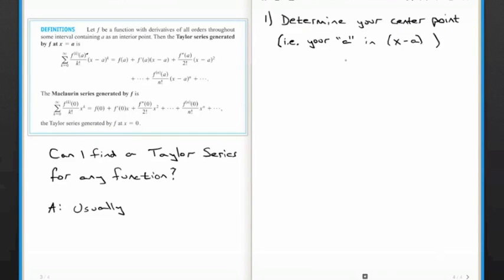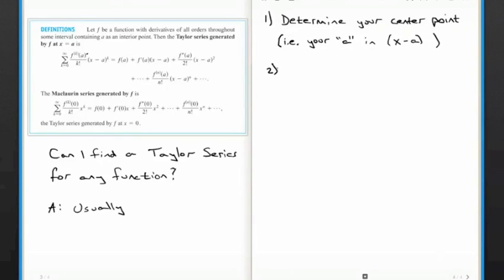Right. So let's say I know that the cosine of pi is -1, and so I want to... If I know that, I know all the derivatives at -1. I want to find some things nearby, a little bit less than pi, a little bit more than pi. Then I'm going to pick pi as my a. Right. You'll see what that means in a little bit.